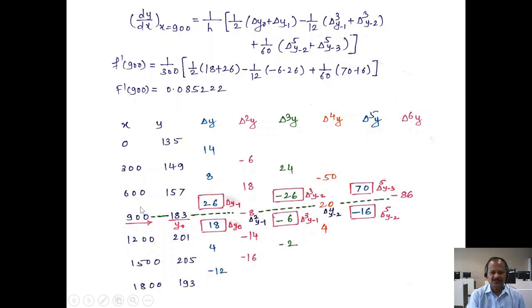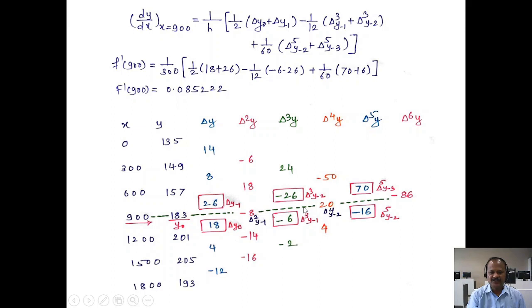Again I will explain. 900 is the x0, corresponding to this one is y0, 183. Above the dotted line, in the first difference, we get delta y minus 1, which is 26. Below this dotted line we get delta y0. In the second difference, on this dotted line we get one term, minus 8, which is delta square y minus 1.